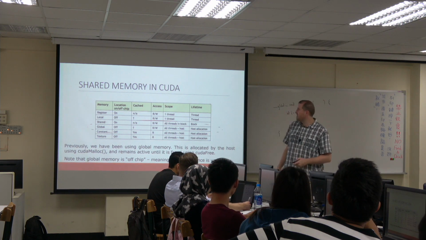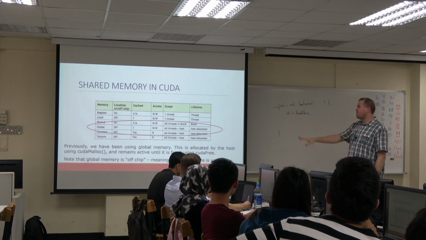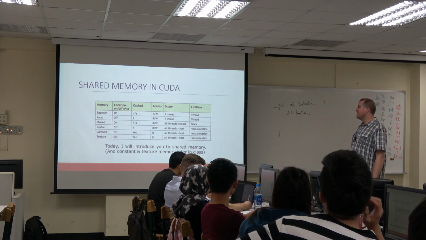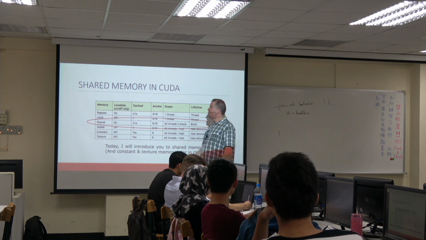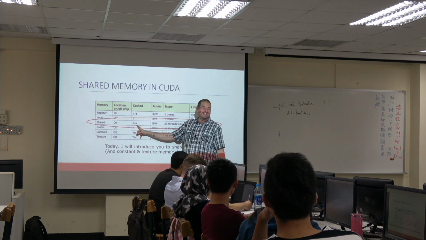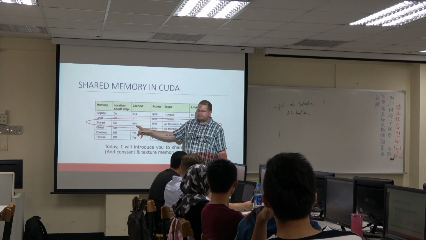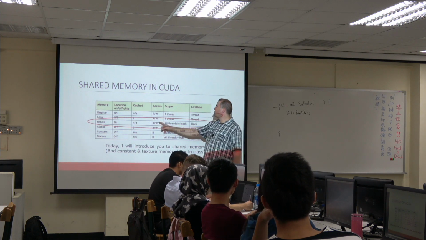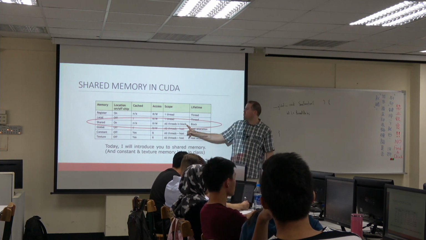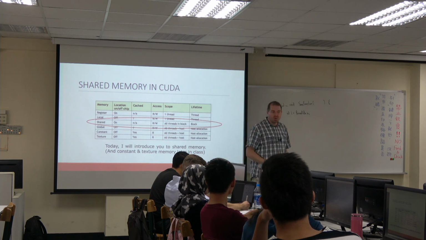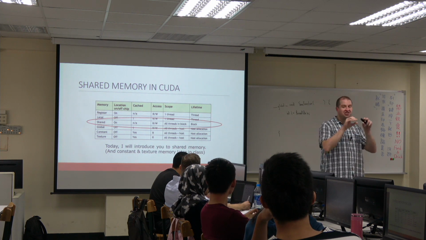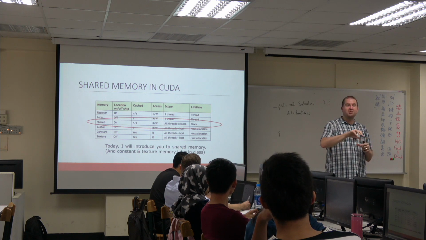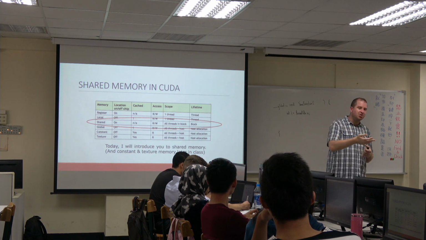All right. Global, we've done before. Off chip, painfully slow. Today we want shared. Shared is on chip. And it's not cached. It's not applicable, and we'll explain why. It is read-write. All the threads in one block can see that shared memory because every SMP, streaming multiprocessor, has a section of shared memory, and all threads in a block run at the same time.